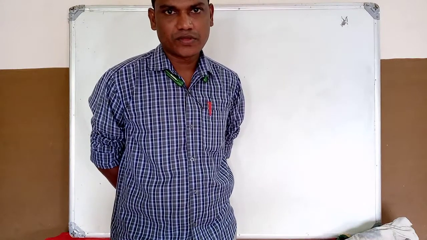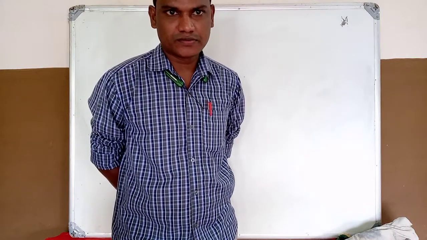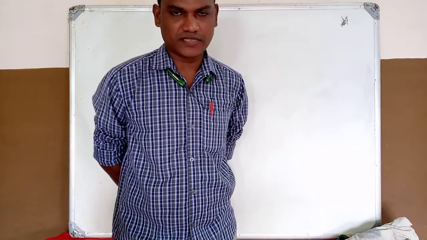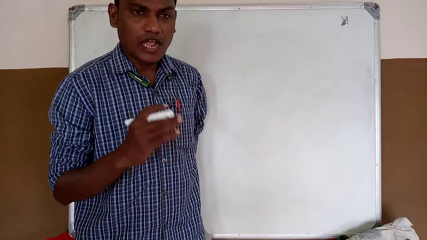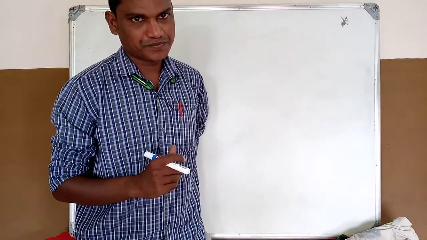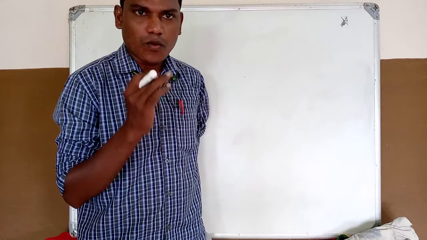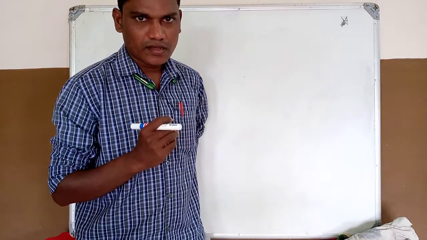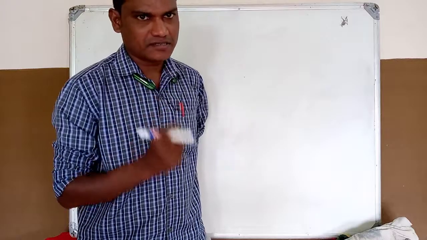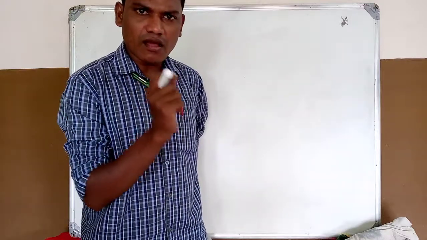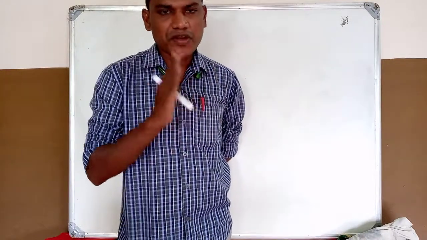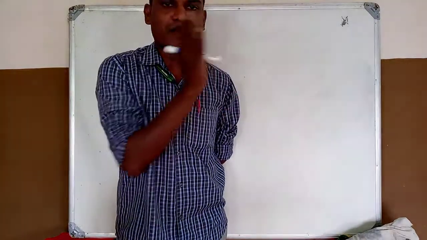Today, in this video from the chapter of Refraction of Light at Plane Surfaces, I would like to teach what is the relation between angle of incidence and angle of refraction when light travels from denser medium to rarer medium.